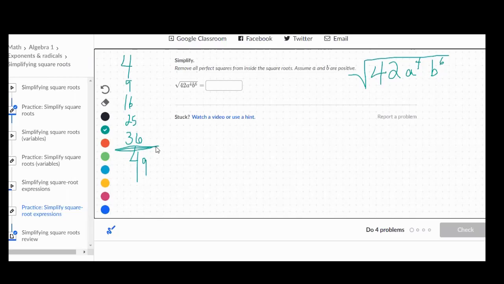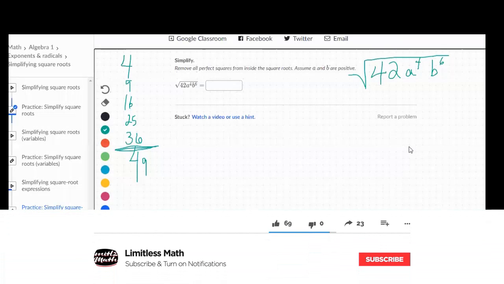So we want to know, can you multiply 36 times anything to get 42? And that's not going to give us a whole number. So we'll drop down to 25. 25 times anything, will that give us 42? So now we'll look at 16 because 25 didn't work either.